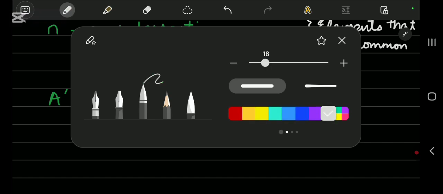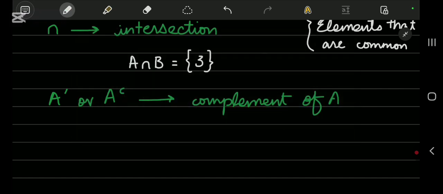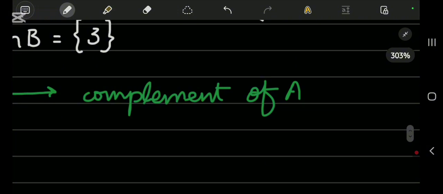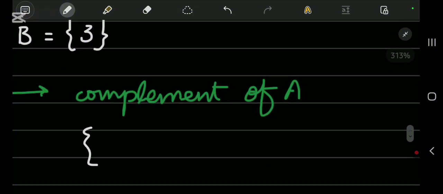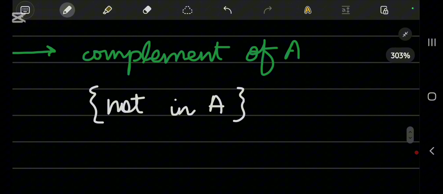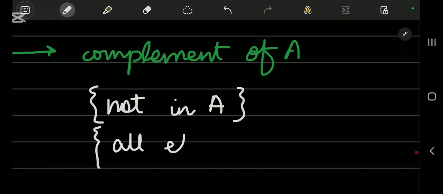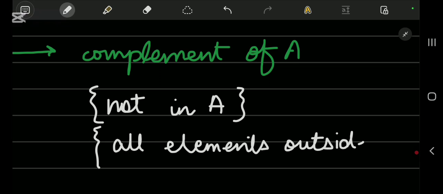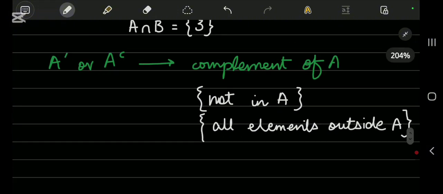Complement of A means the elements that are not in A, everything outside A, or all elements outside A. So this refers to your universal set.